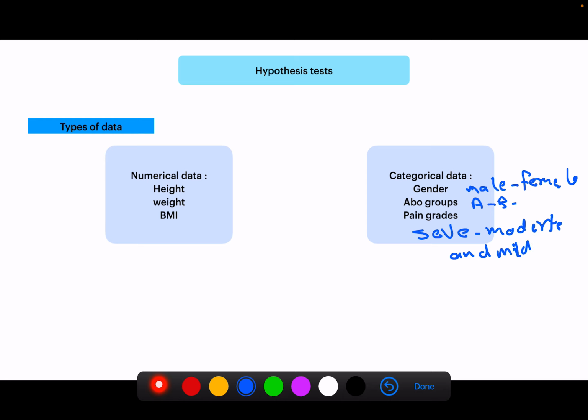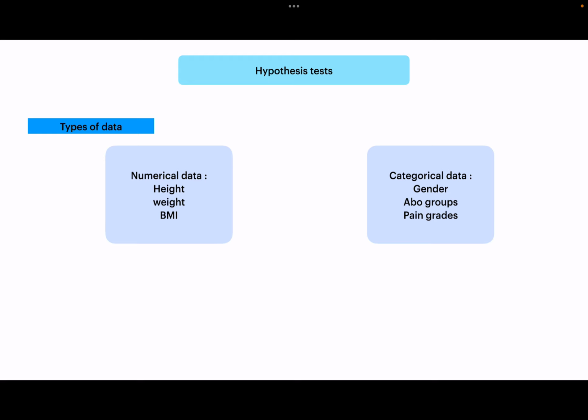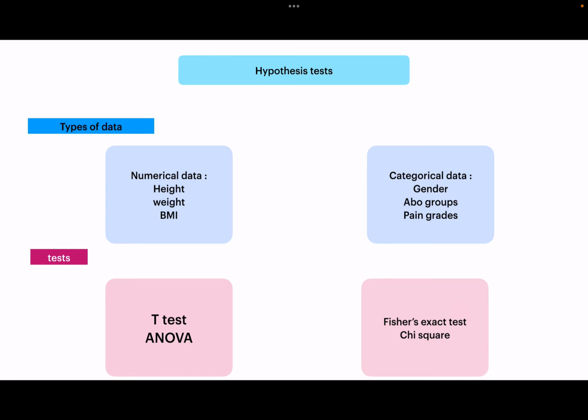These are not numbers, okay? We choose tests according to this data. We use the t-test and ANOVA in numerical data, which is numbers, and we use the Fisher exact test and chi-square test in categorical data. We discuss it in another slide.